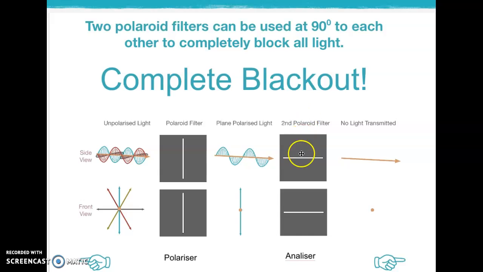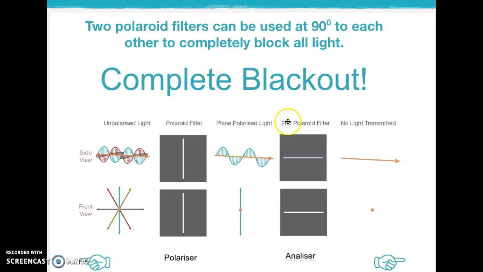A second filter which has the plane of polarization, these gaps, at 90 degrees to the original one, right? So that now it's only going to allow through vibrations which are this way. But of course, in our plane polarized light, we have vibrations only in this direction. So what would you expect to see here? Well, you shouldn't be able to see anything, because now no light is actually allowed through.